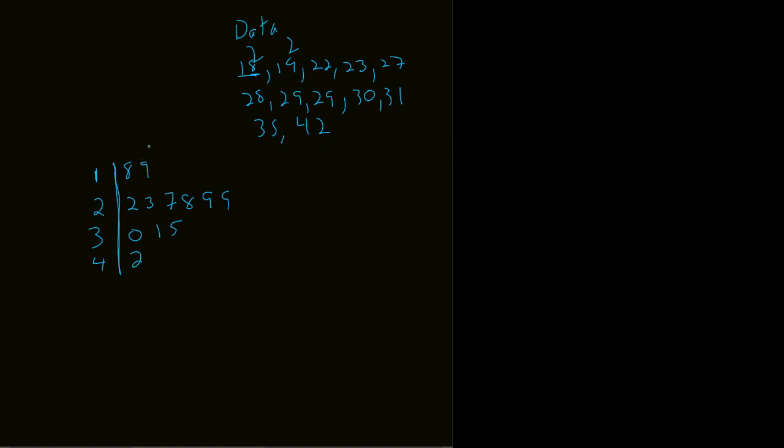What's nice about stem and leaf plots is that you've kept track of all your data. In histograms, you lose what the values were that came in there. You just know how much was in a bin, but you don't know where it was in the bin. Here, I have 18, I have 19, I have 22, I have 23, I have 27.